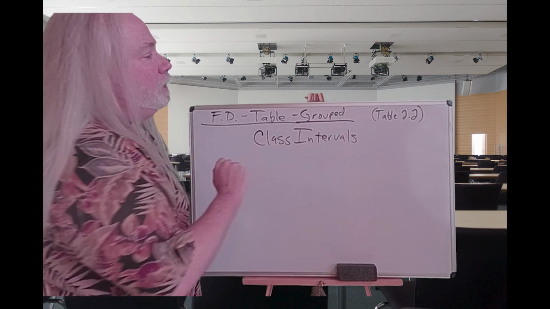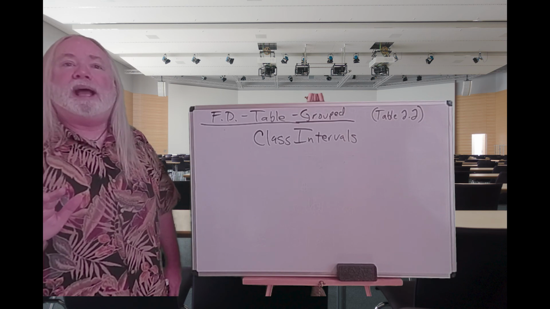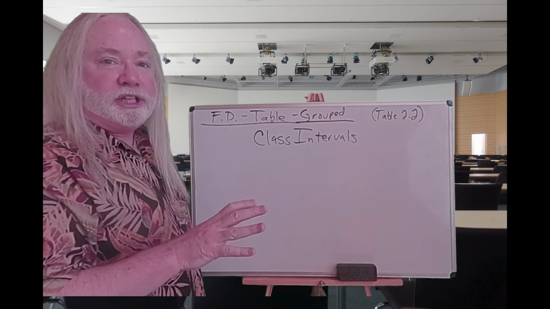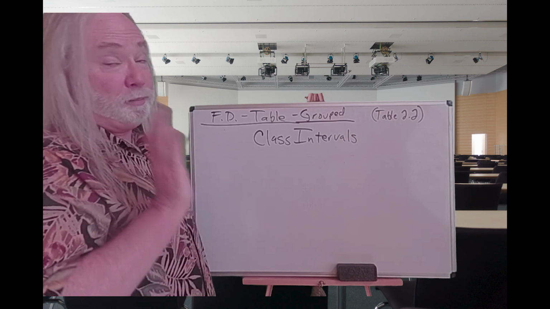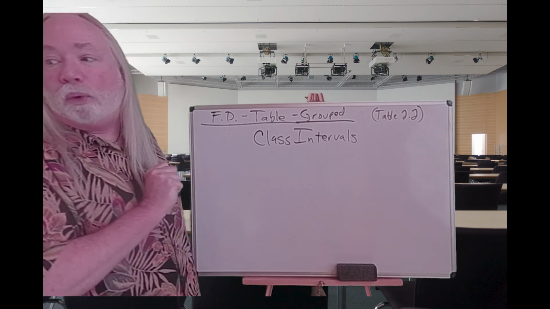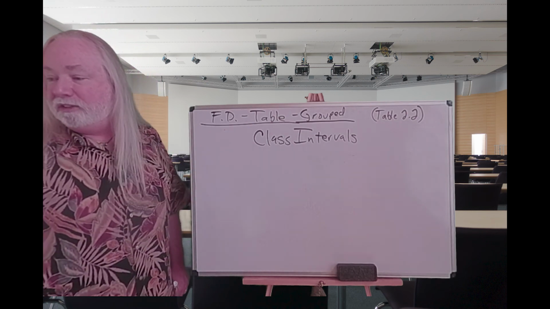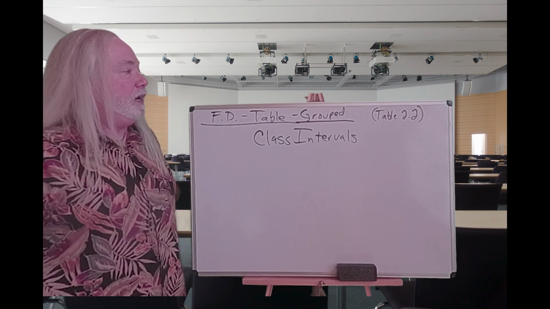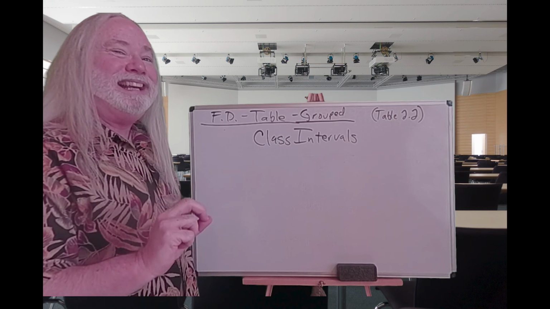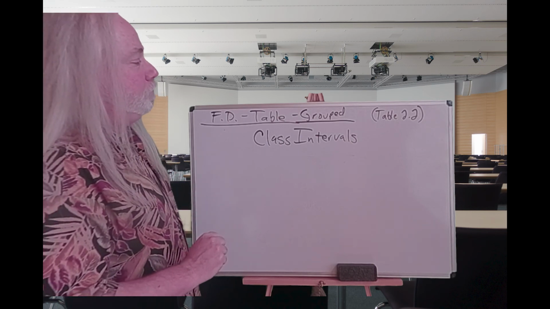So if you look in your textbooks, find table 2.2. If your book is formatted like a regular book, it's on page 41. If you're looking at digital and change your font size, it could be any page. But the table number is table 2.2, right around page 41. And what we see there is an example of a grouped frequency distribution table. We're going to get into analyzing that table in more detail in just a moment.